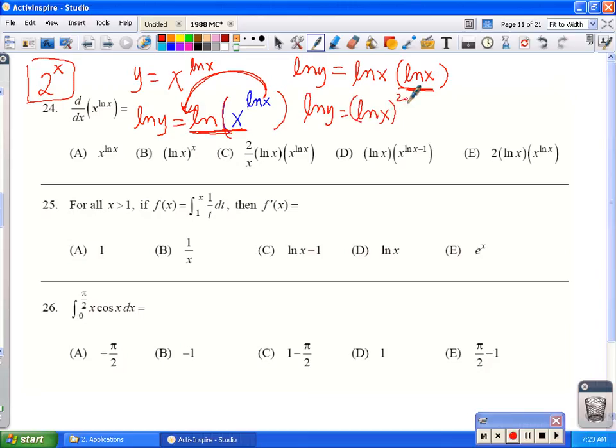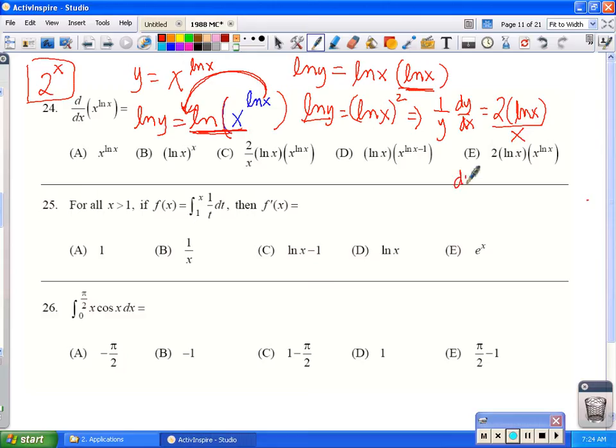And then when I take the derivative of ln of y, I get 1 over y dy dx. On the right-hand side, by the chain rule, I get 2 ln of x to the first power times the derivative of the ln of x, which is 1 over x. So I just went ahead and put it in the bottom.